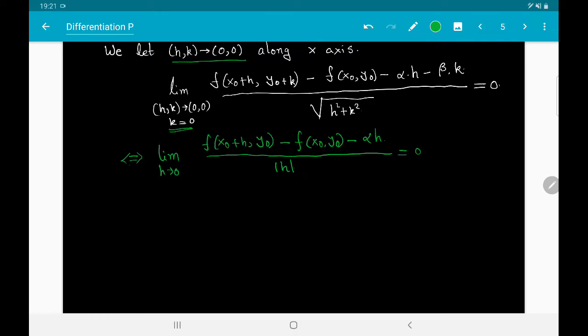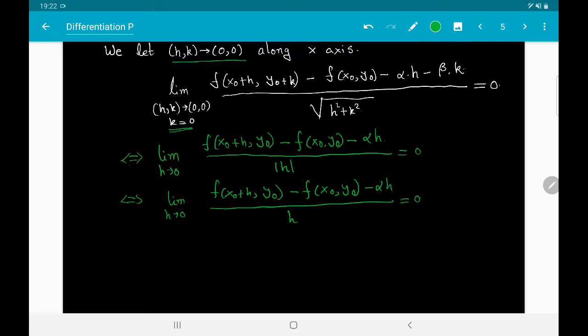And this limit is equal to 0 if and only if limit h tending to 0 of f of (x0 plus h, y0) minus f of (x0, y0) minus alpha h, divided by h, is equal to 0.